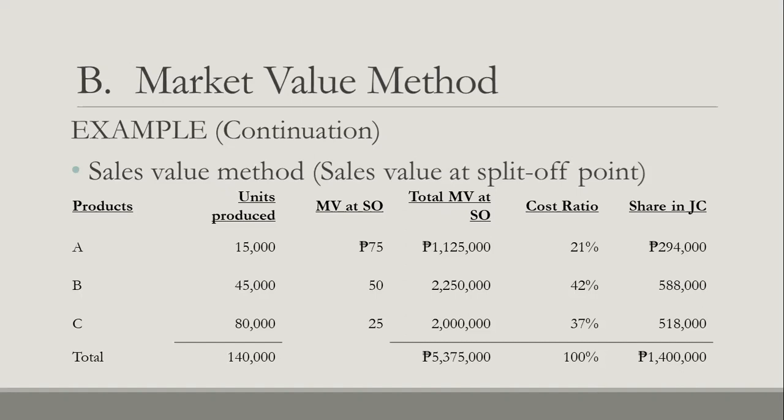For product B, multiply 42% times 1.4 million, you would get 588,000 pesos. And for product C, get 37% of 1.4 million, you would get 518,000 pesos. So again, the sum of your total share in joint costs would equal 1.4 million. So that is your allocation for your sales value method.